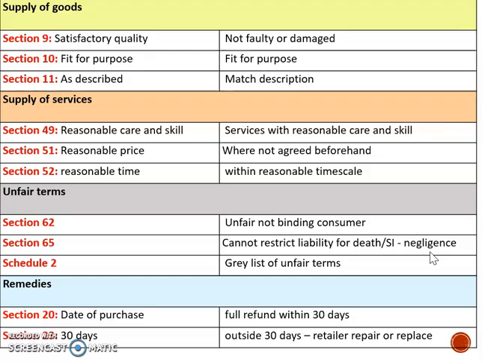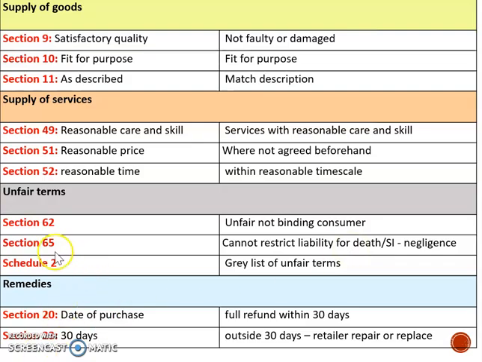He's written that into the contract. Even if his customer signs it, the Consumer Rights Act 2015, Section 65, will strike that out. He cannot restrict liability for death or serious injury caused by negligence.